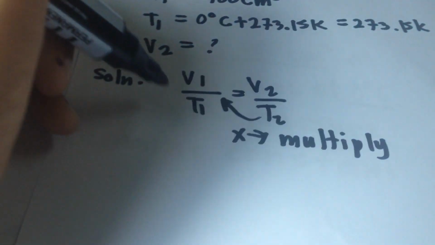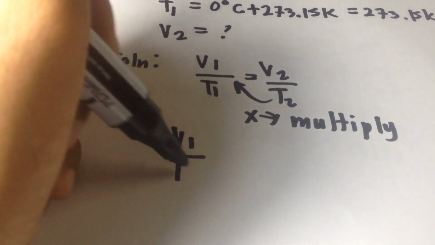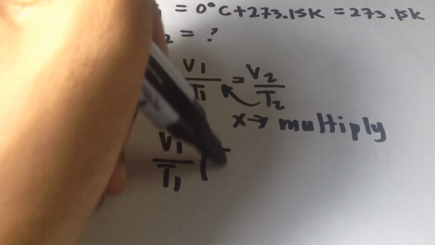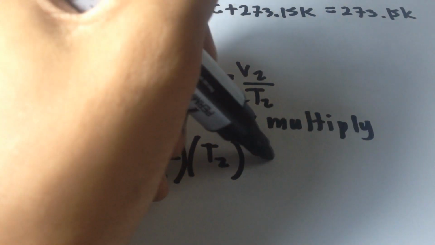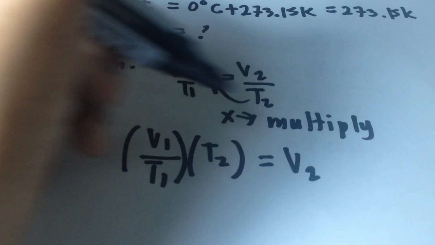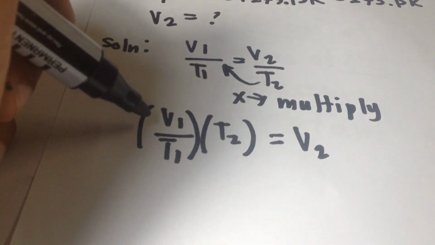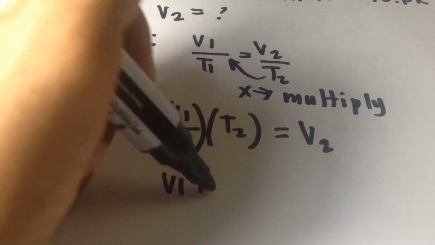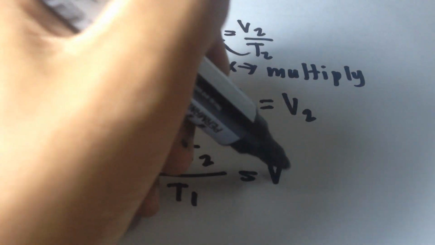Let's derive: V1 over T1 times T2, multiplied on both sides, equals volume 2. So volume 2 equals T2 times V1 divided by T1.